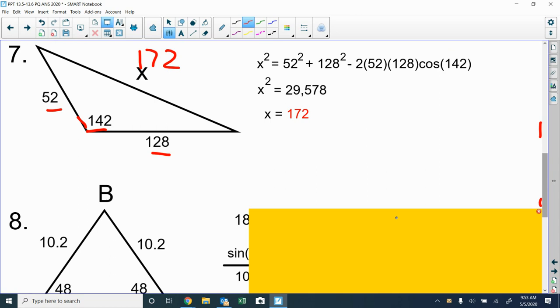So you would say sine of 142 over 172 is equal to, let's label this A over here, because then we would go with sine of A. And what is side A?